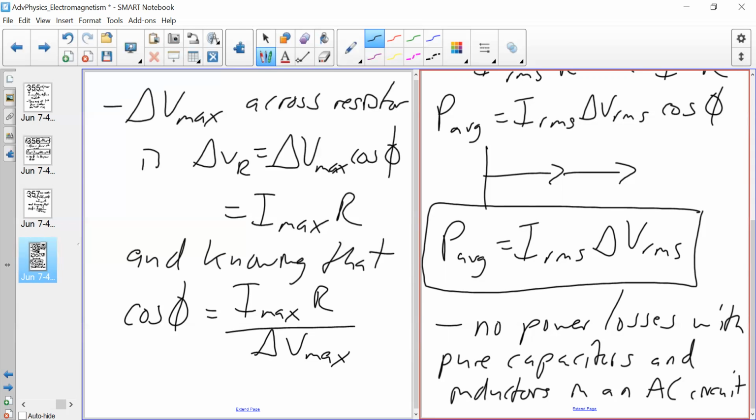Yes, go ahead. I have a question. We've been going with the average power so far. Can we also calculate the maximum power that is possible? Well, since this is all cyclical, we have two plateaus.